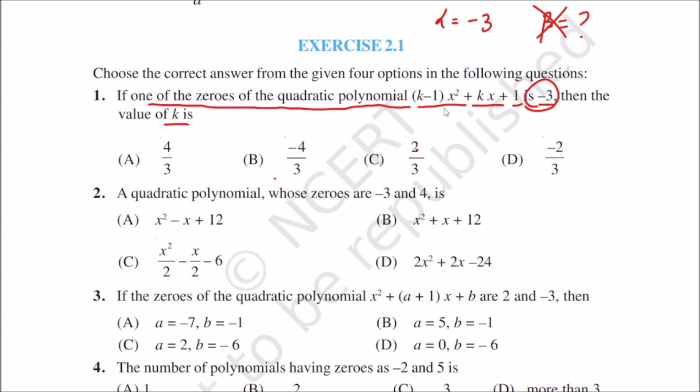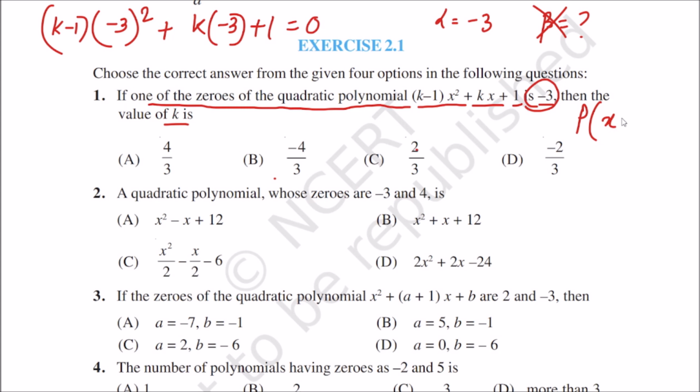Similar to the sample question, in place of x you will put the value minus 3. So I'll write (k minus 1) into minus 3 square plus k into minus 3 plus 1 is equal to 0. When minus 3 is a zero, the value of the polynomial when x is minus 3 is equal to 0.